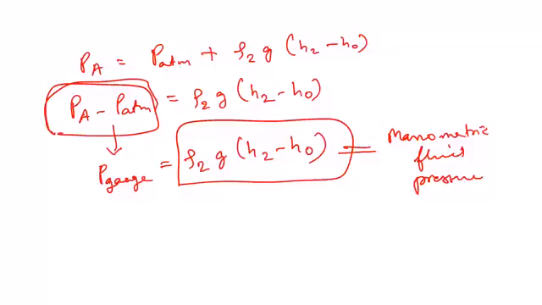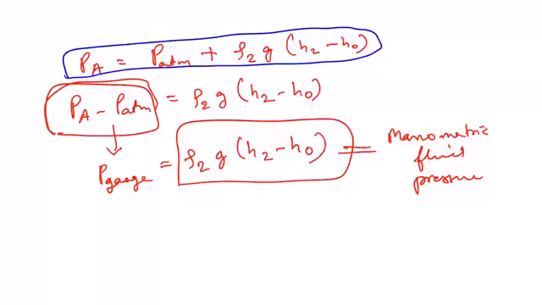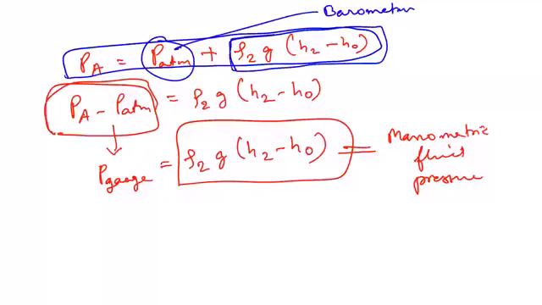From this equation, we can find P atmosphere, and P atmosphere we can find using the barometer. The atmospheric pressure is measured using the barometer, and the gauge pressure we can find using the U-tube manometer, since it's the manometric pressure. So both can be found, atmospheric as well as the gauge pressure.